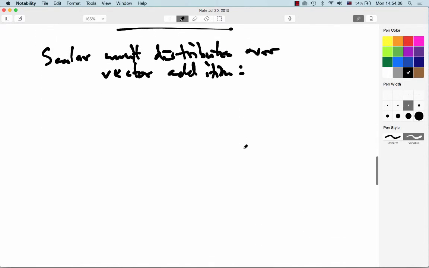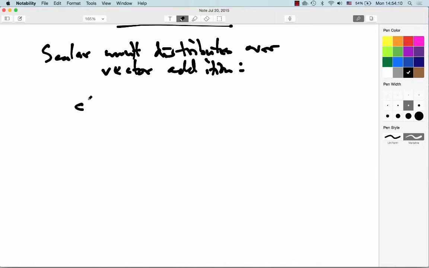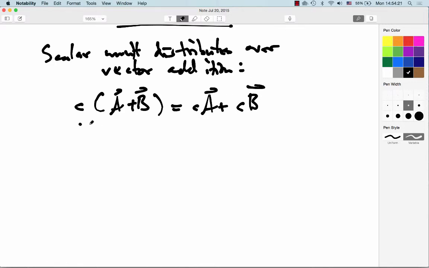So the scalar C times the quantity A plus B is indeed equal to CA plus CB. Now be a little careful in your text. Equation 1.38 that refers to this does have a typo. This is correct.